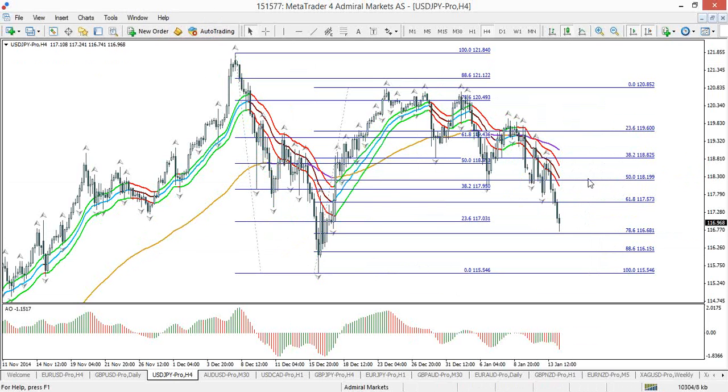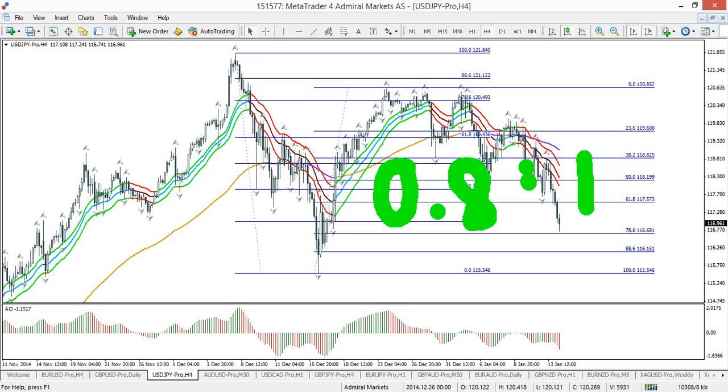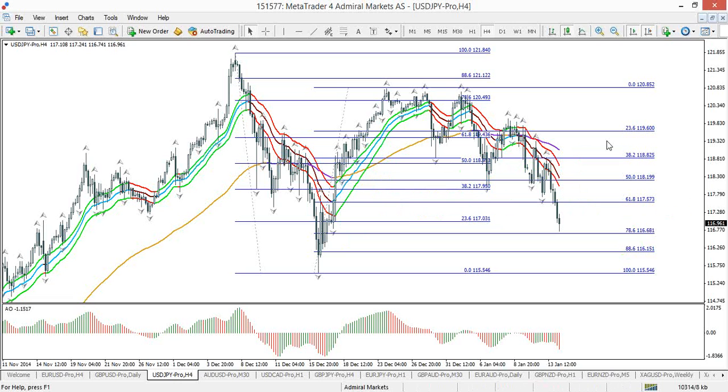It's about a 0.8 to 1. So the R2R is not that great for aiming that close by. But of course, the chances that we'll hit the target soon do increase. So it's still possible. It's still something that is acceptable, I think.